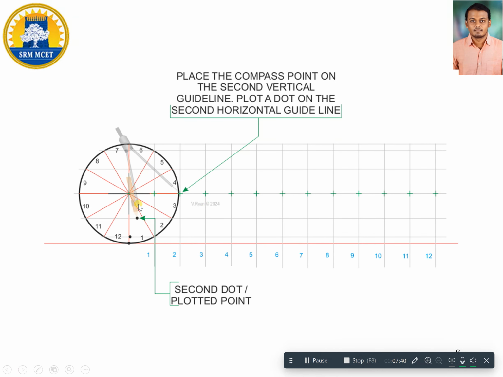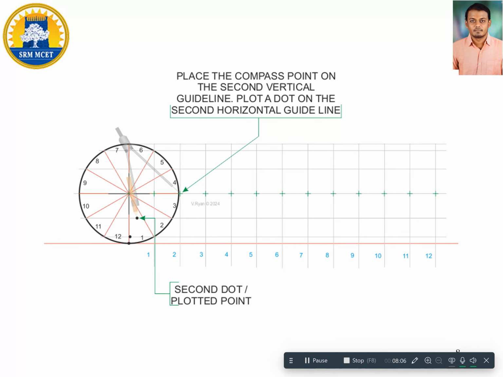Now I am going to take my compass and measure a value equal to half the diameter, which is 25 mm. We know that the diameter of the circle is 50 mm. Now I take a dimension equal to 25 mm and place the compass pointer at point C1.